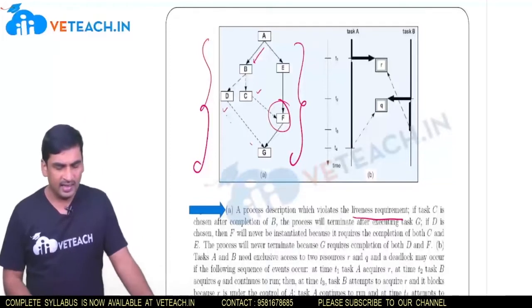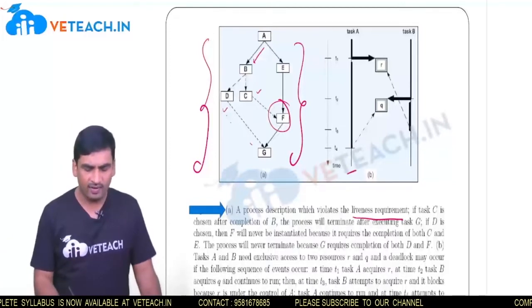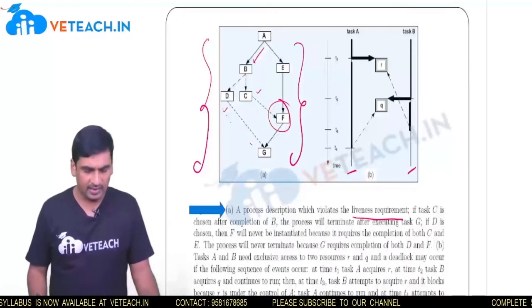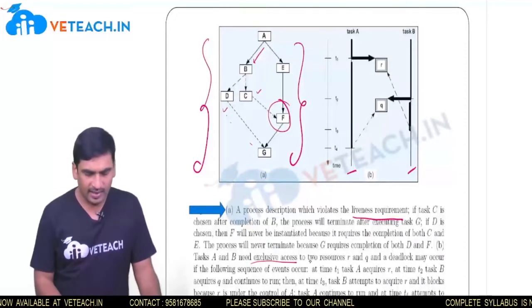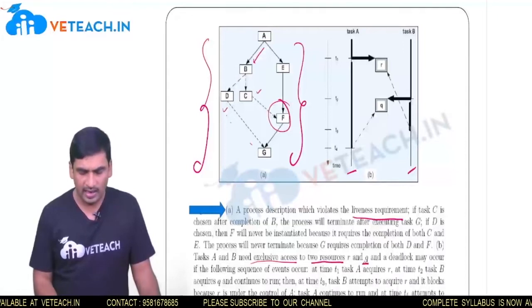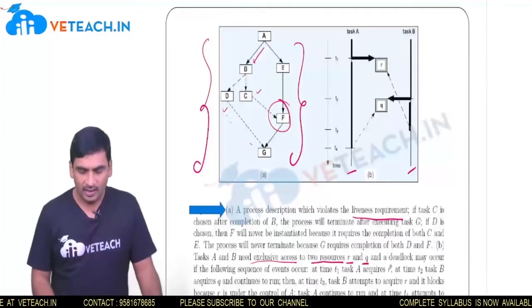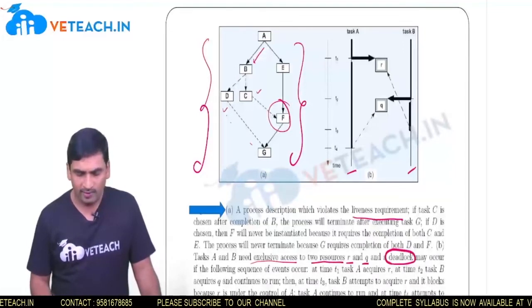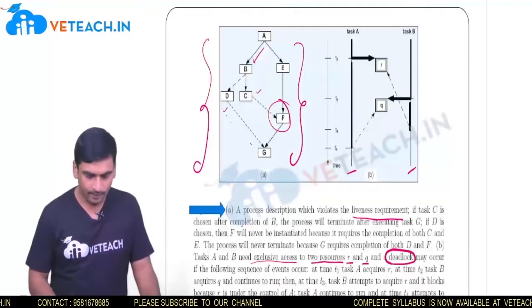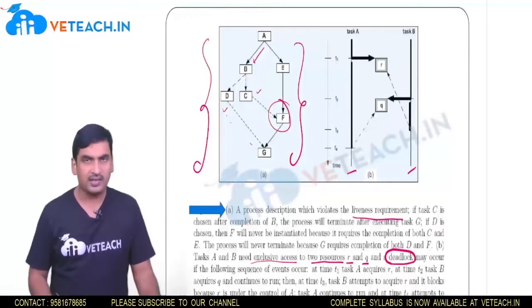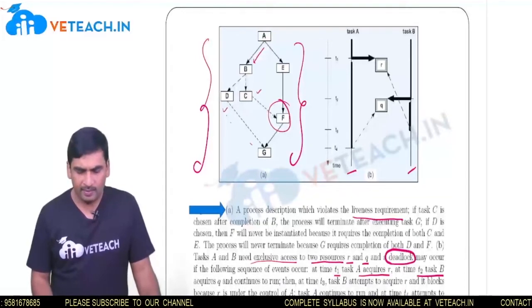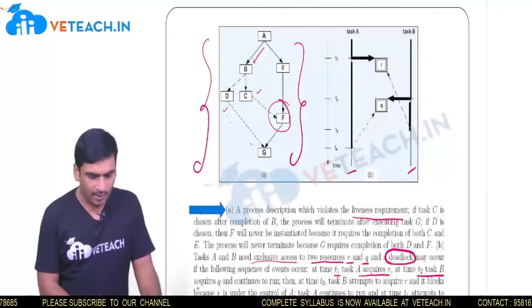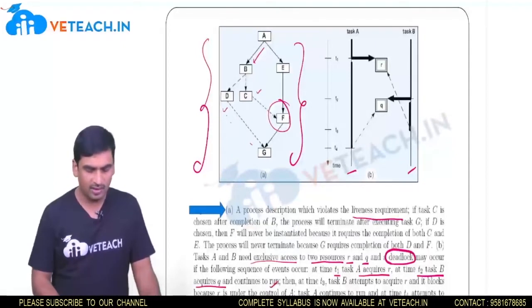In the other case, task A and task B need exclusive access to two resources, R and Q. Here there is a possibility of deadlock if the following sequence of events occurs. At time t1, A acquires R; at t2, B acquires Q, and this continues to run.